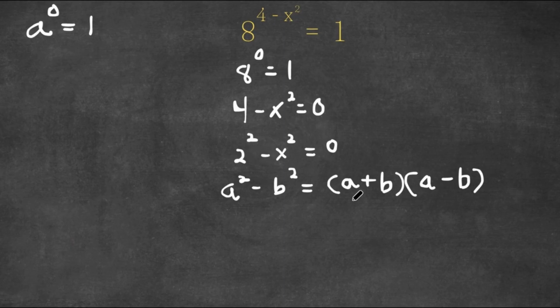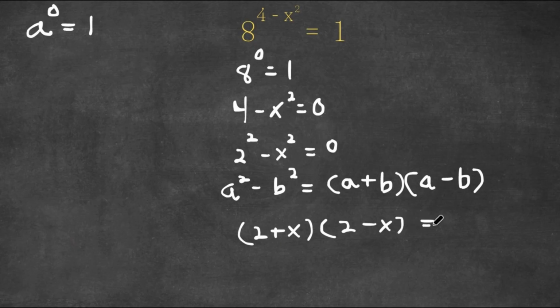So in this case, 2 would be a and x would be b. So this would be 2 plus x times 2 minus x, and this is equal to 0. So this gives us two equations.